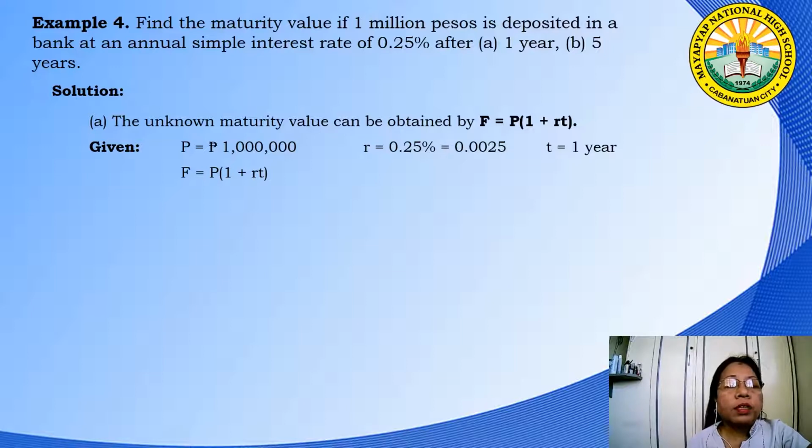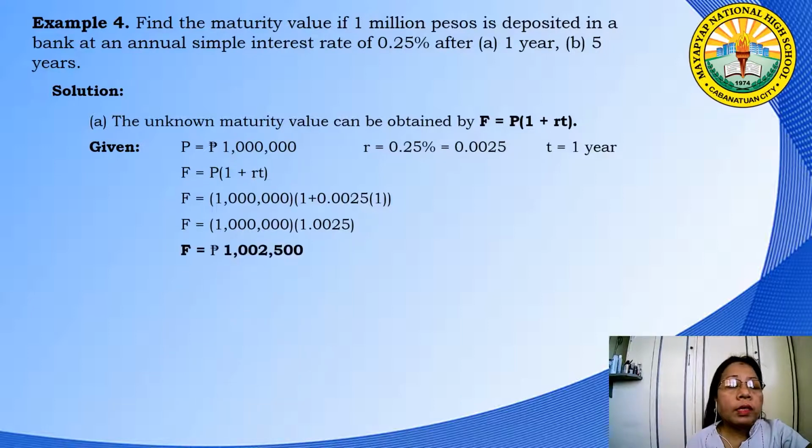So for P, 1 million multiplied by quantity 1 plus the product of the rate and the time. So F equals 1,002,500 pesos. This is the future value or the maturity value in 1 year.